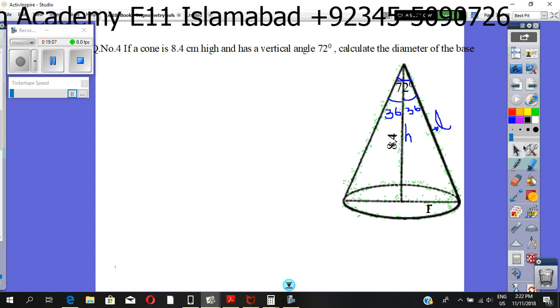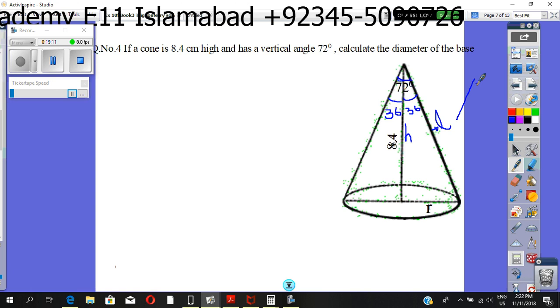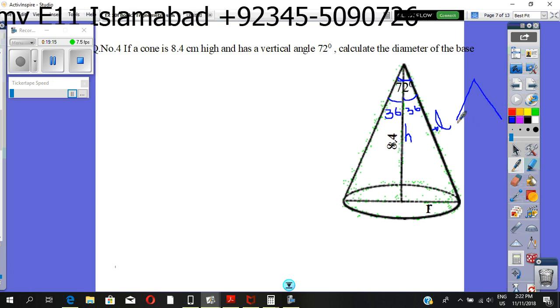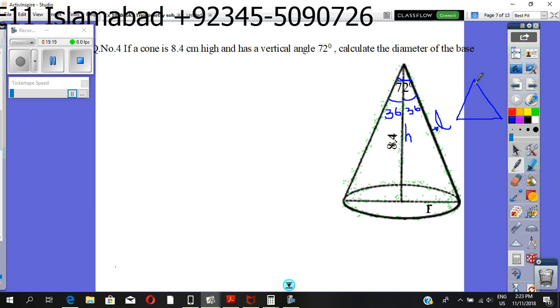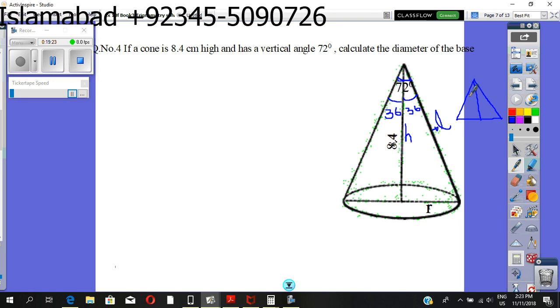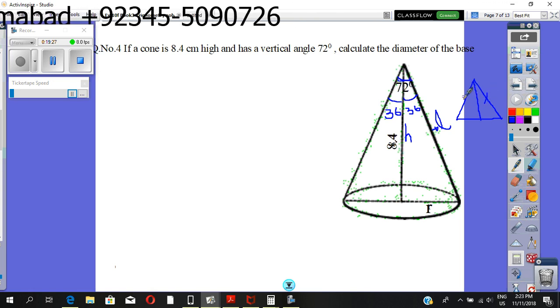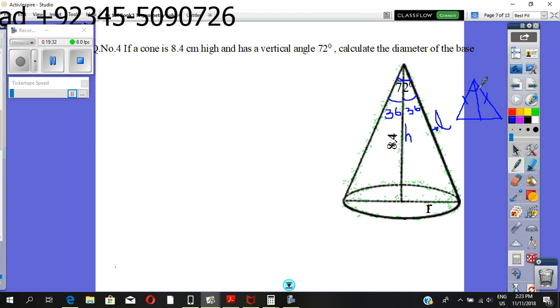Two sides are equal, and in an isosceles triangle, when we draw a perpendicular line, it bisects the angle as well as the opposite side.